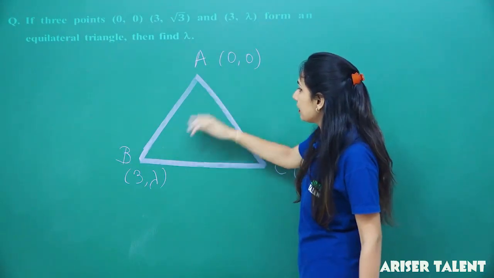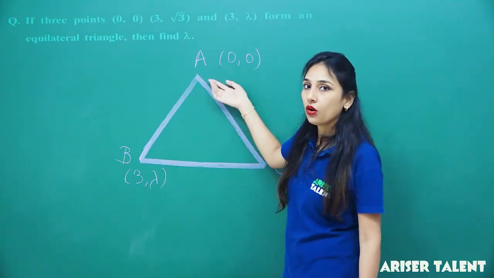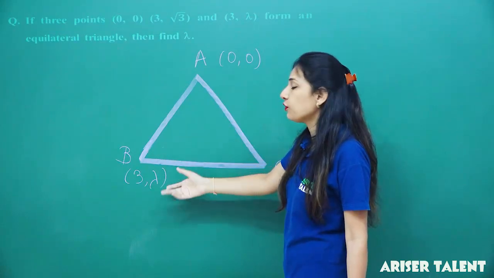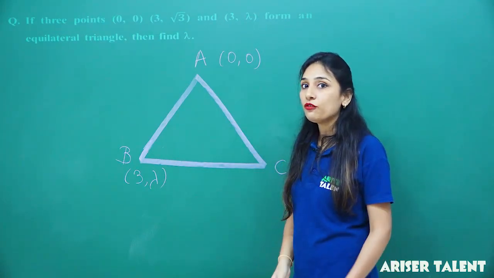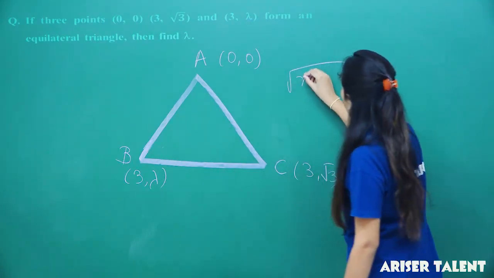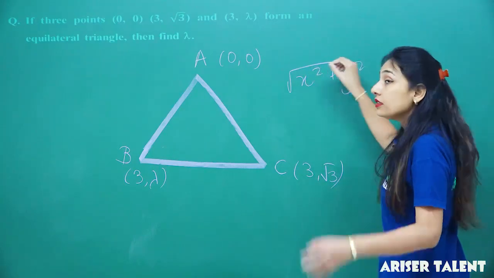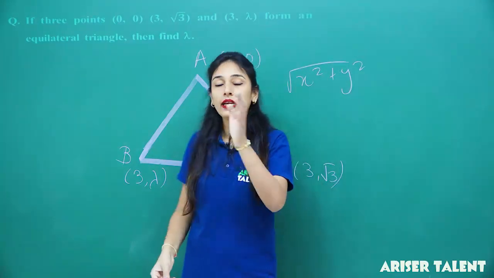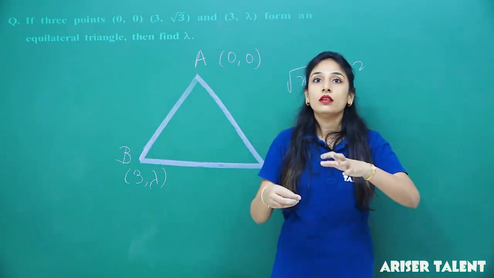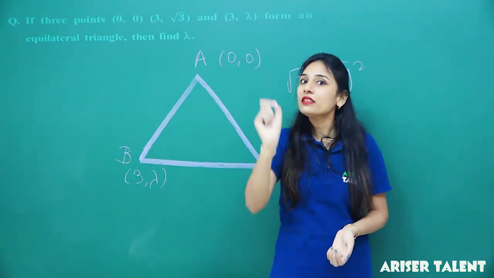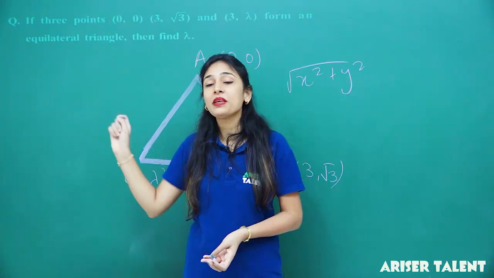You can easily find this and this, because this is the origin. If you have the origin, it's very easy, because you just apply the distance formula, root of (x1 minus x2) whole square plus (y1 minus y2) square.